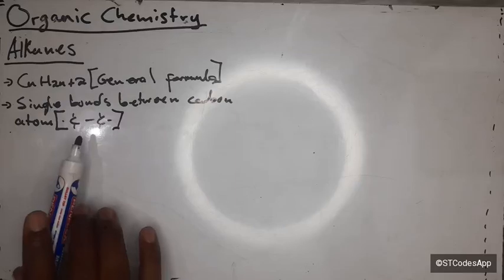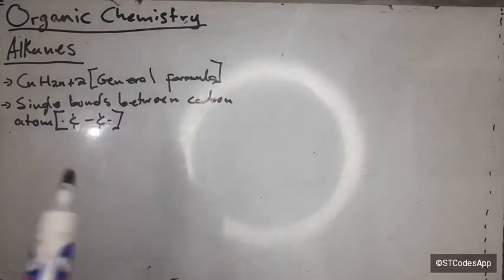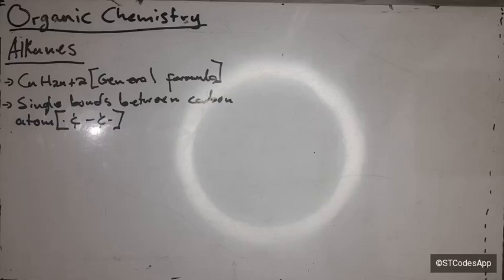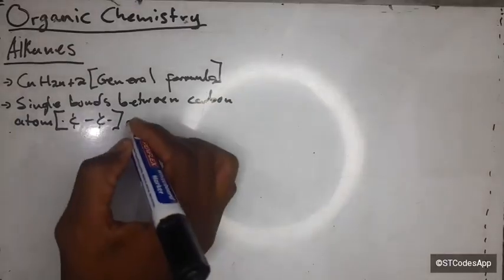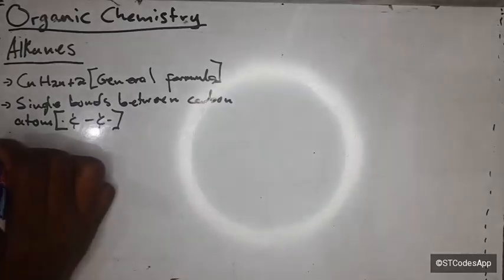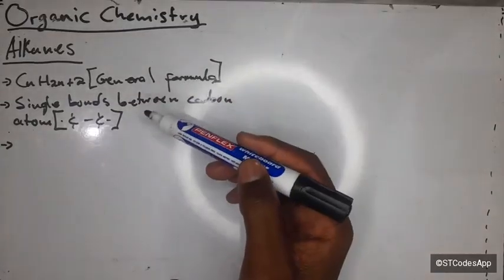Once you see only single bonds between carbon atoms, it's going to be what? An alkane. And remember, it's saturated. It consists of single bonds only. Okay, this is the functional group, remember? So, the general formula, the functional group.